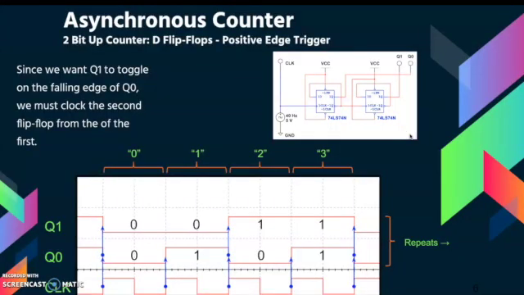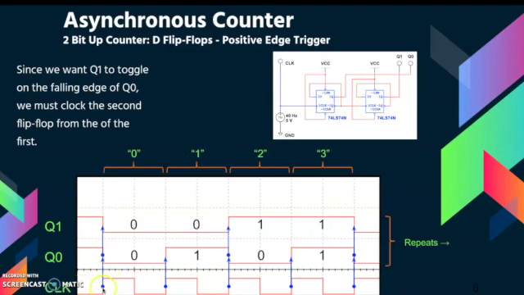So this is the 2-bit up counter, which uses D flip-flops with the positive edge trigger. Since we want Q1 to toggle on the falling edge of Q0, we have to clock the second flip-flop from the first. What that means is that we have to use Q0 to go into the clock for our second flip-flop.